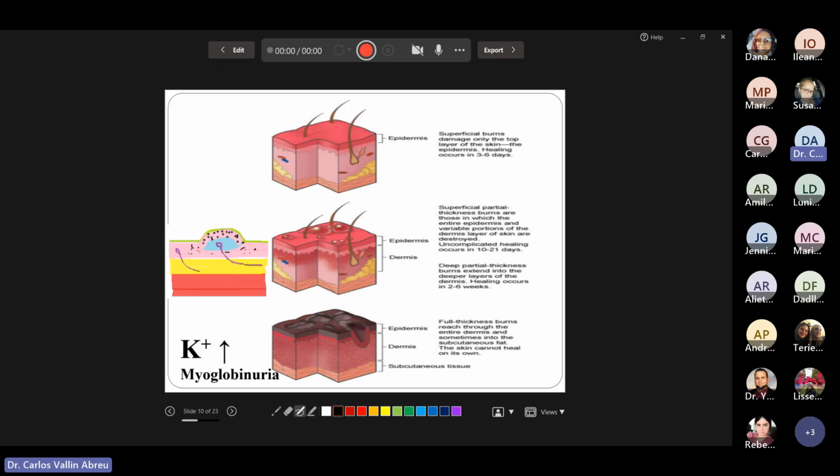There is no skin left alive, so there are no blood vessels. All the blood vessels, which could produce the liquid, the blister, were cauterized by the burn. So you don't have blisters in full thickness burns.